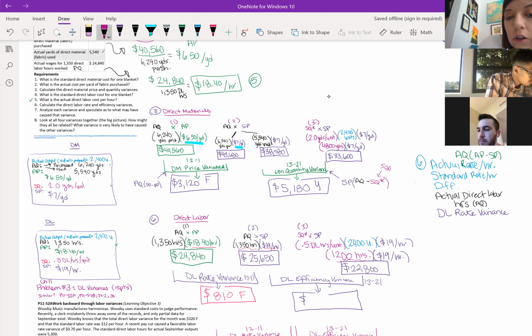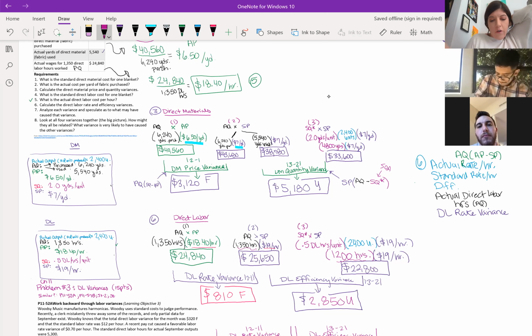We actually used 1,350. So we used 150 more hours than we should have. So we're going to have an unfavorable efficiency variance of 2,850. They're not asking you for your overall variance, so we don't have to calculate it.